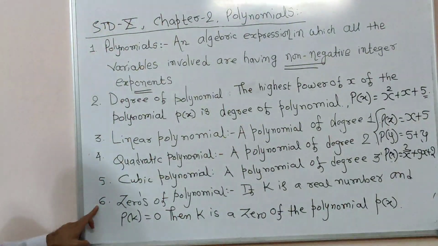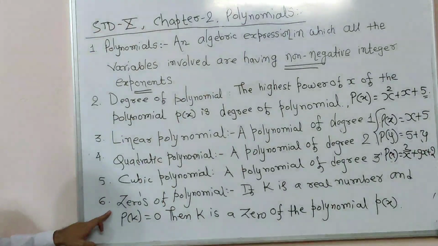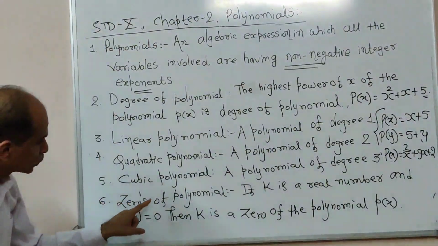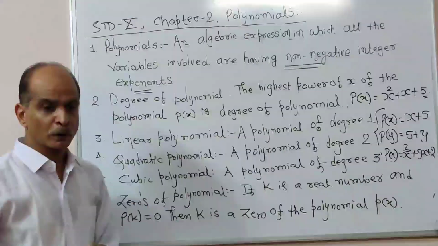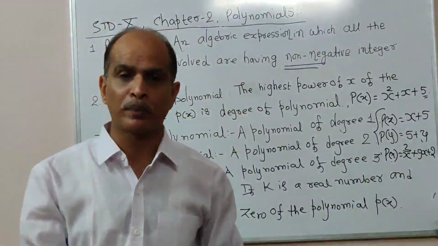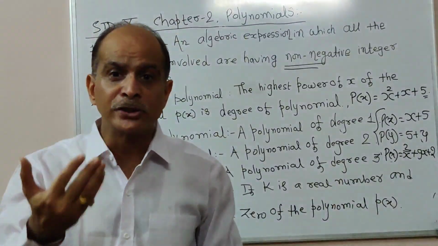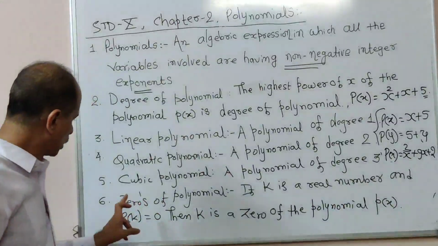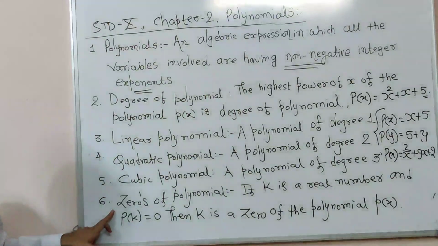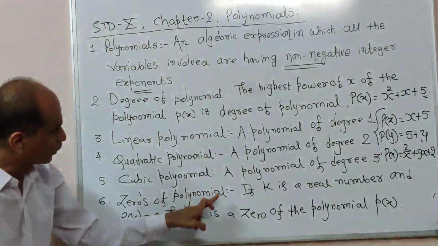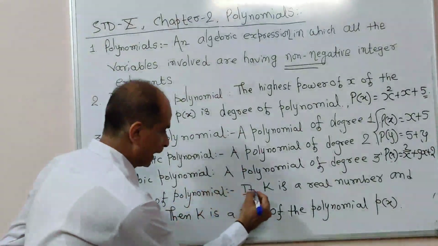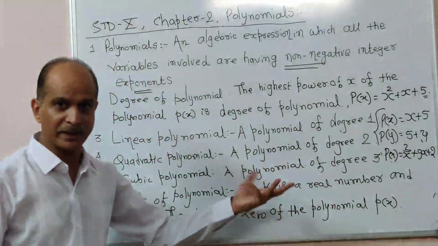Now, the sixth concept of this chapter, a very important concept from the exam point of view, is zeros of a polynomial. We will solve many examples to find the zero of a polynomial. So, let us start. What is the zero of a polynomial? If k is a real number, you know what a real number is?